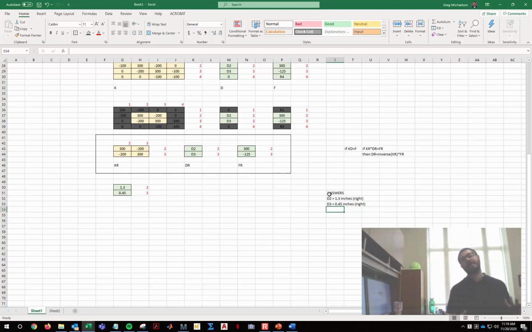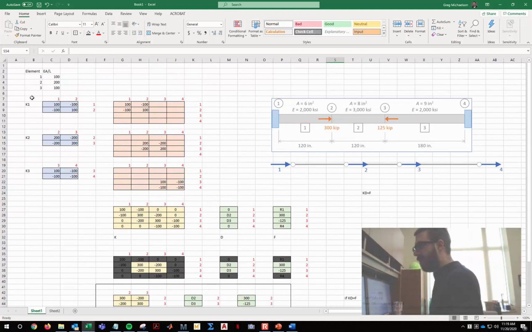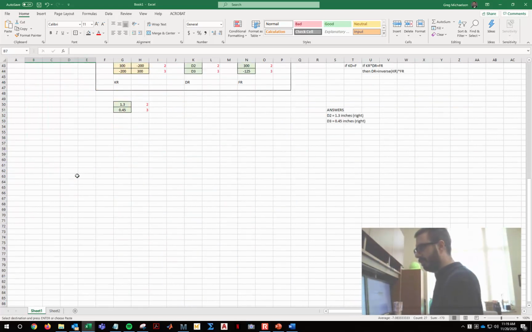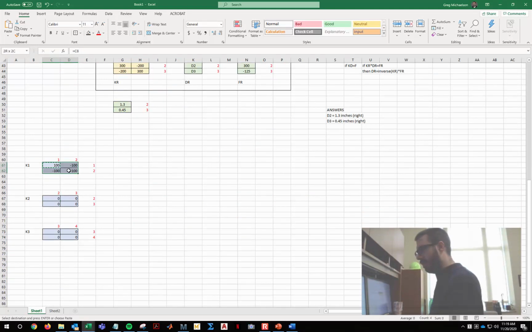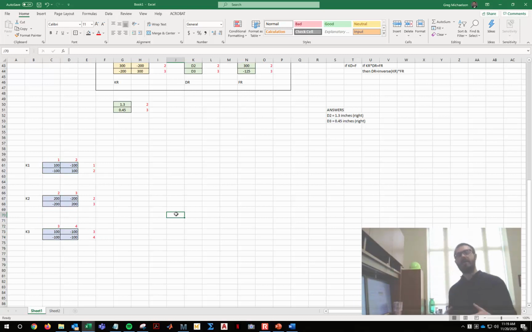Now what we need to do is back calculate the forces, okay? Now let's keep in mind, and I'm actually going to copy this down here, and maybe we'll set some equal terms here. We've already computed the individual stiffness matrices before.